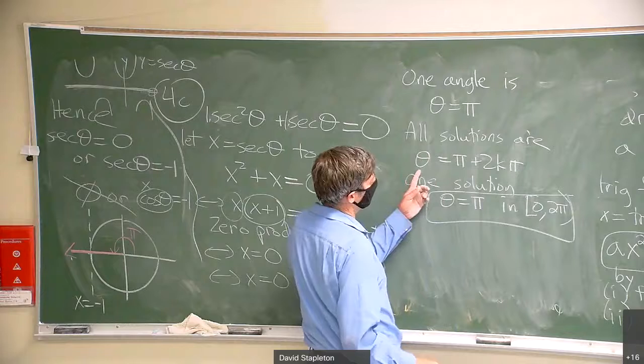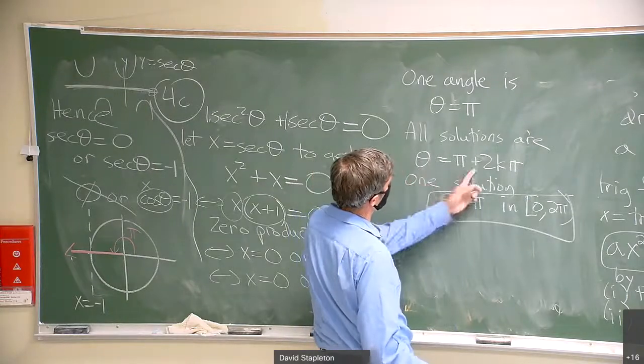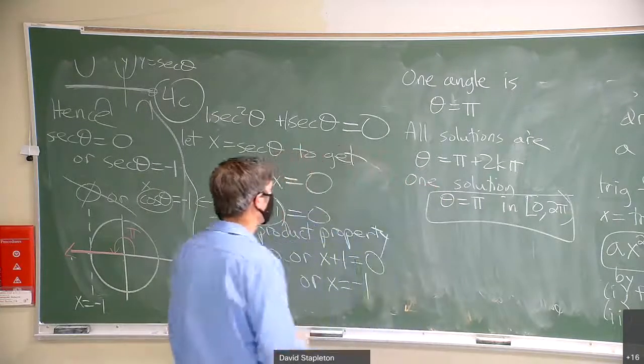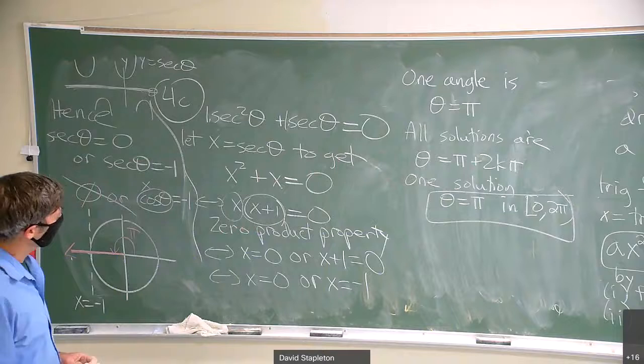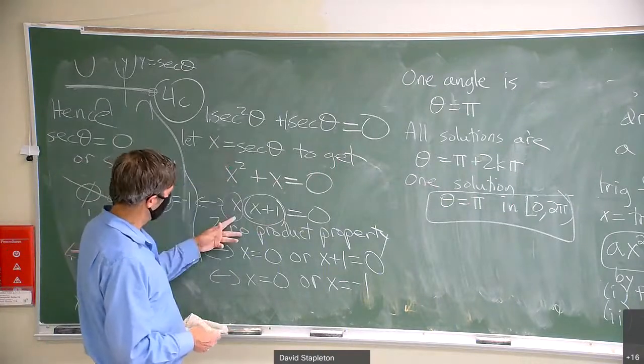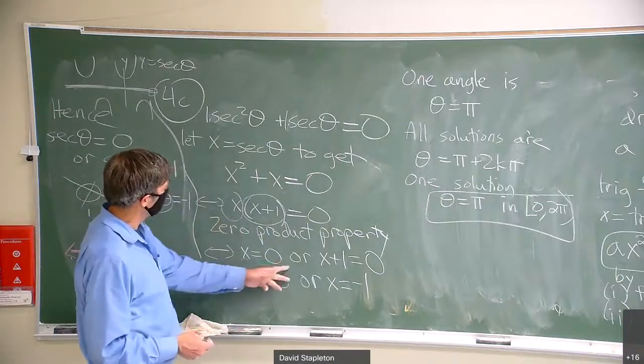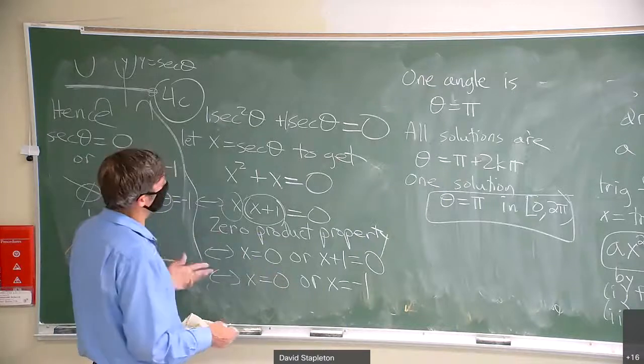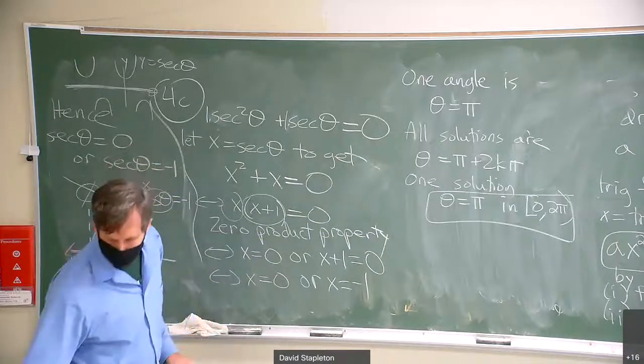Or all, if I ask for all solutions, theta, not restricting it, then you're solving that quadratic equation in secant theta. You just factor it, solve for x, and now you've got a trig function equal a number, which is the old method.